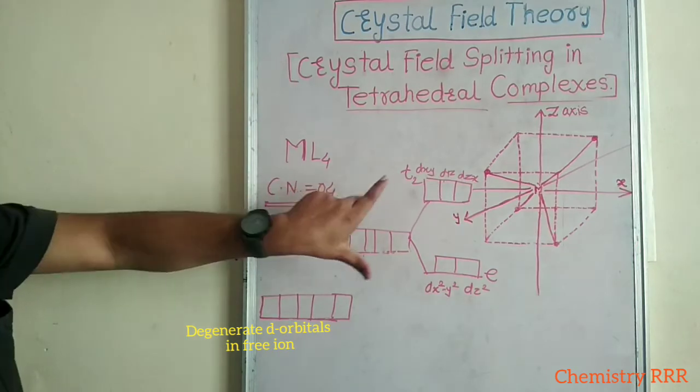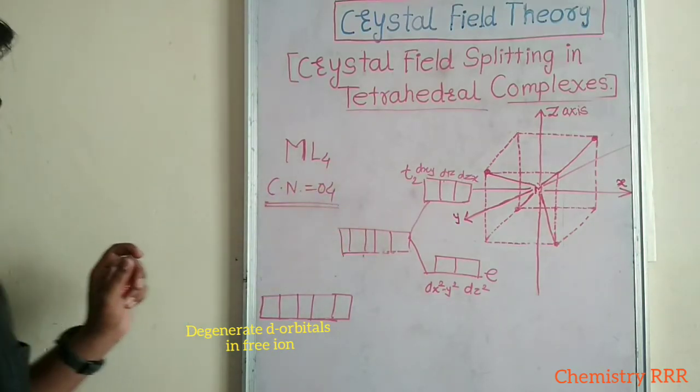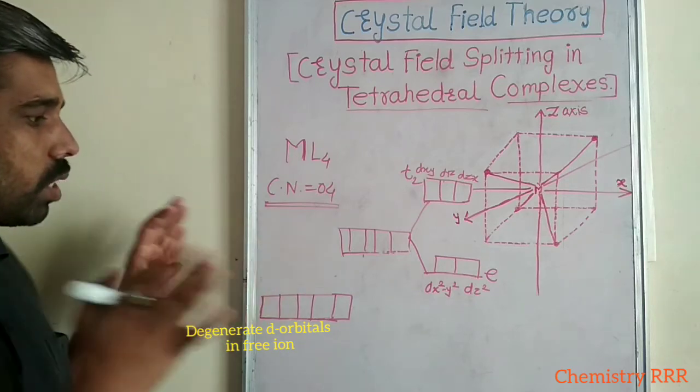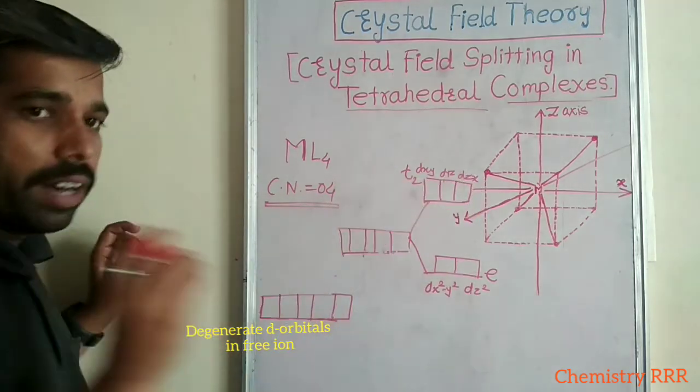Okay, so because of the approach of the ligand in between the axes, close to these 3 orbitals, the energy of these 3 orbitals rises.